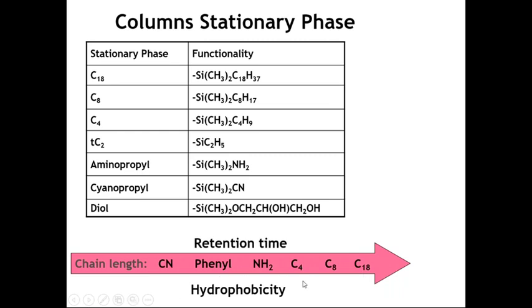So the hydrophobicity increases from Cn to C18. C18 is currently one of the most hydrophobic columns available, with the exception of the C30 that we use for separating the carotenes and the carotenoids.